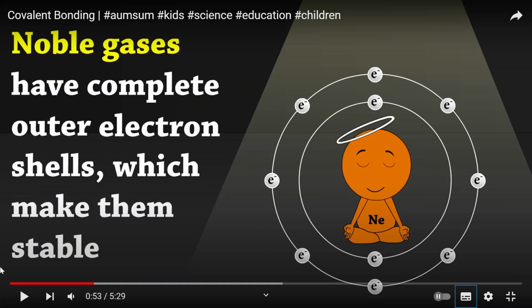Because all atoms are trying to achieve stability, and if you put a metal with a non-metal, the metal will give electrons to the non-metal, and the metal will empty itself out, and that will fill up the non-metal.